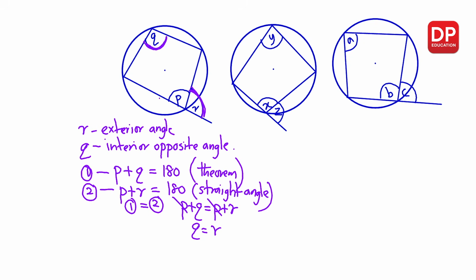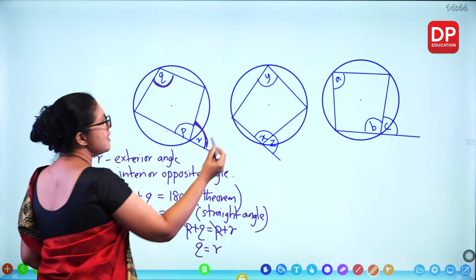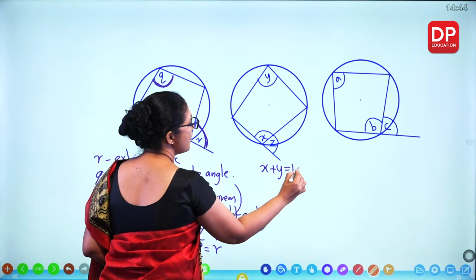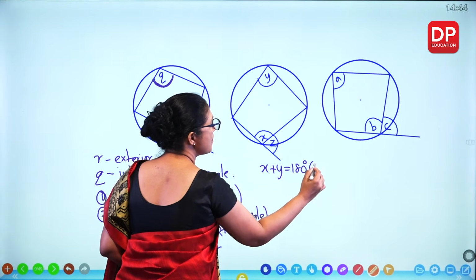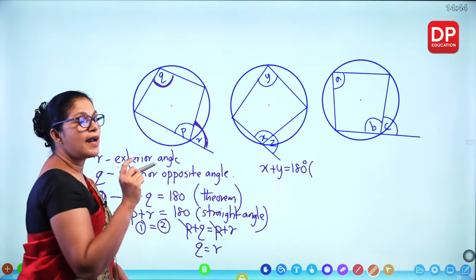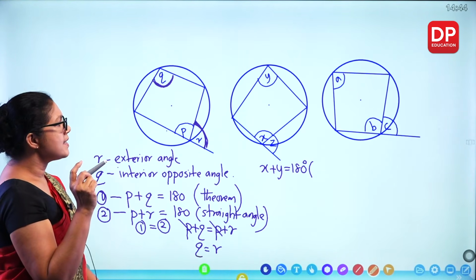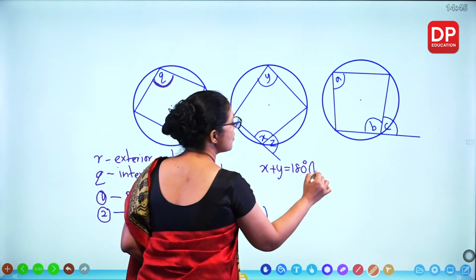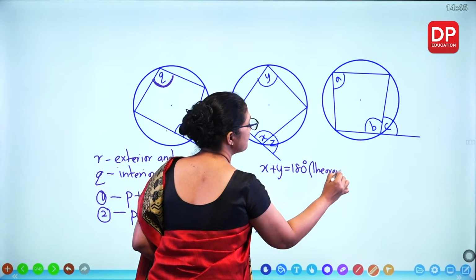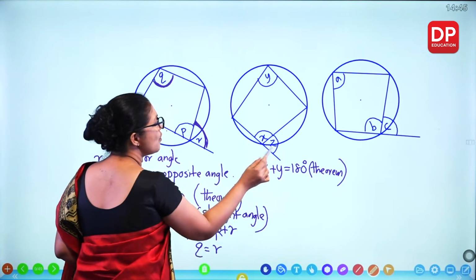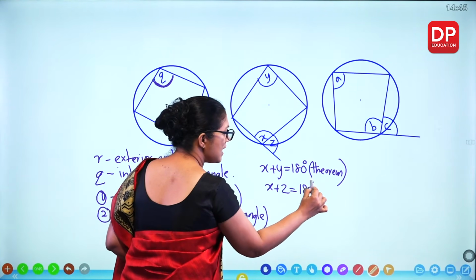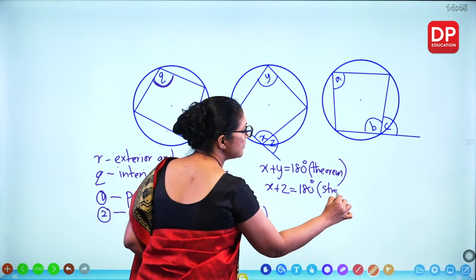We'll take this example also. We know x plus y is equal to 180 according to the theorem. In a cyclic quadrilateral, the opposite angles are supplementary. And we know x plus z is also 180, straight angle.